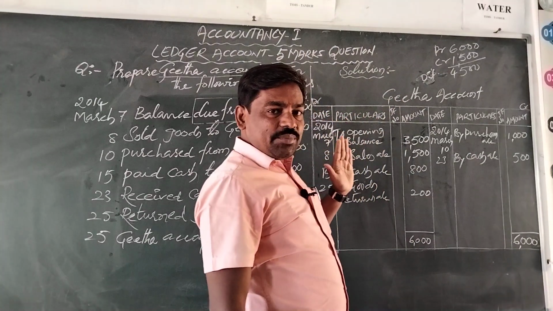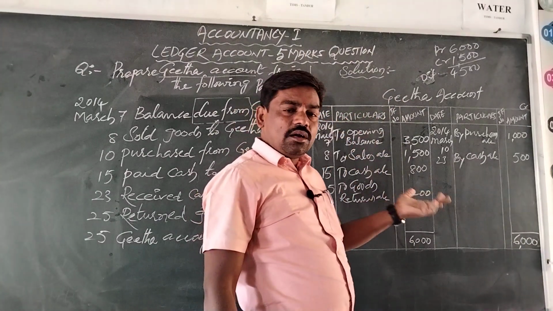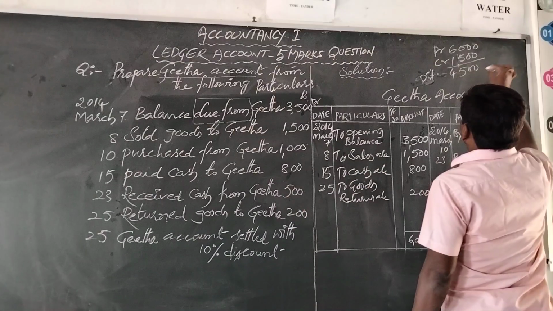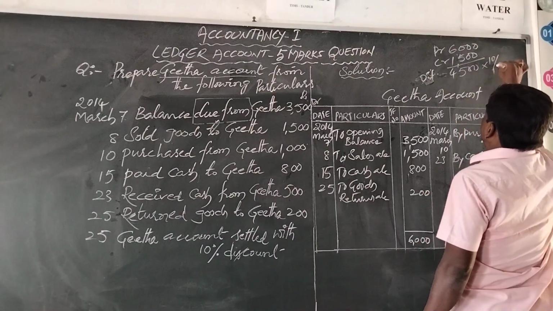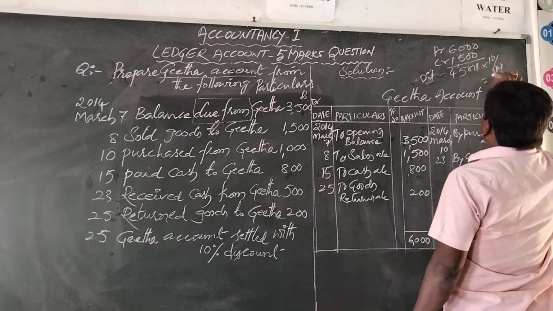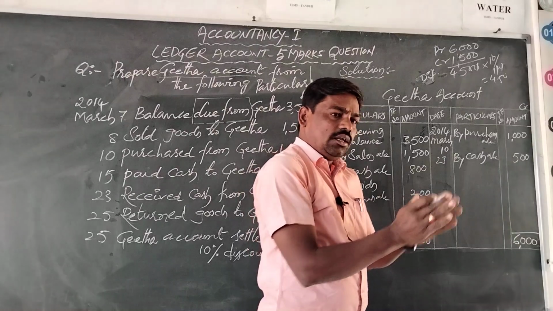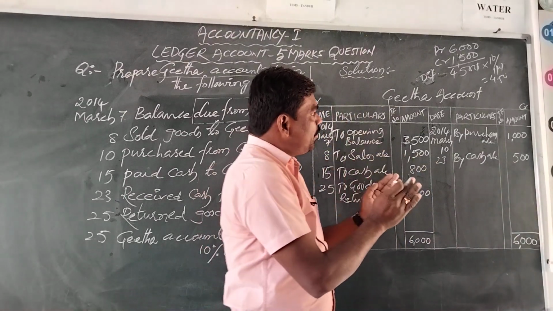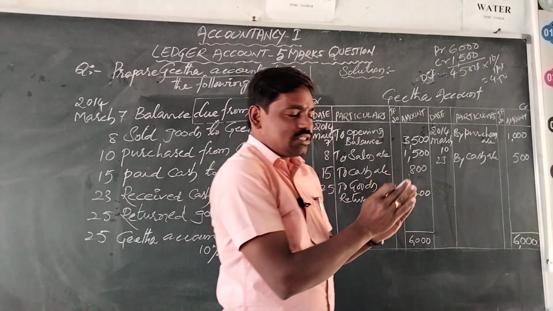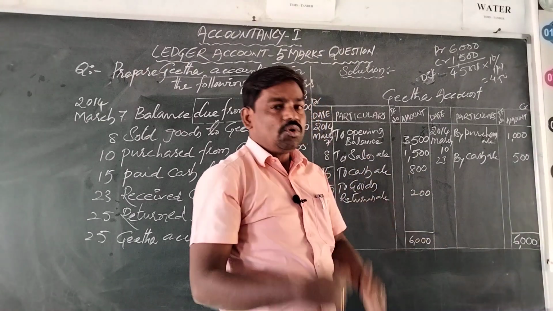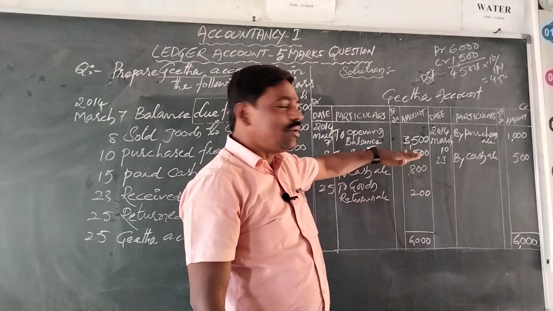We are giving 10% discount and the remaining amount we collect from Geeta. If you calculate 10% on 4,500, you get 450. So from 4,500 we reduce the 10% discount, 450. The remaining amount we collect from Geeta.